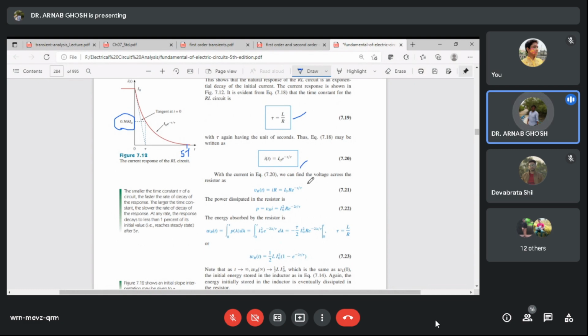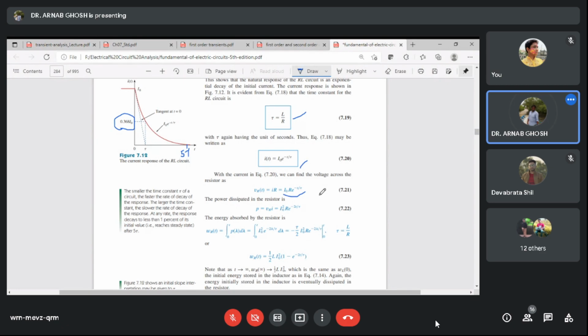So this will become I0R into e to the power minus t by tau. This is the voltage across the resistor. For the RC circuit, we got the voltage equal to V0 into e to the power minus t by tau. For this RL circuit, the voltage across the resistor will be I0R into e to the power minus t by tau.